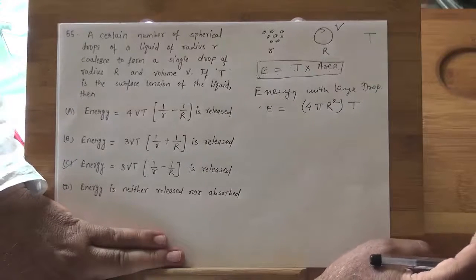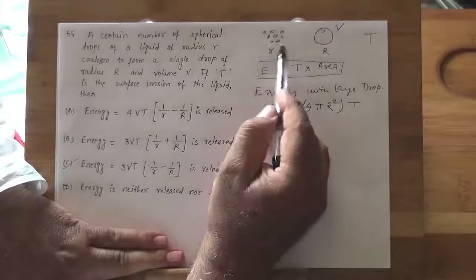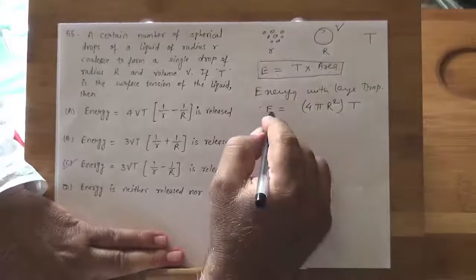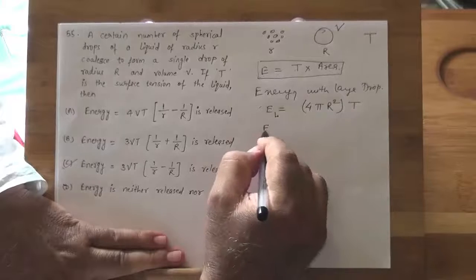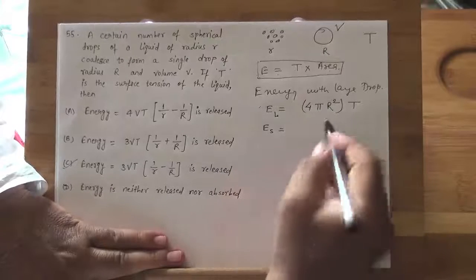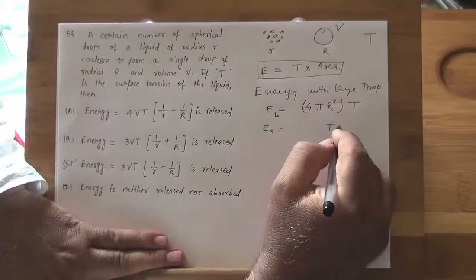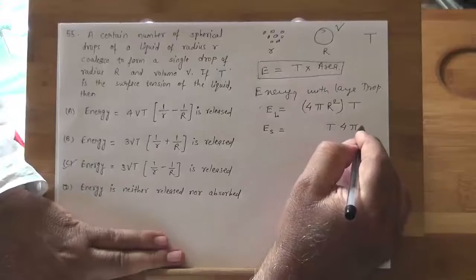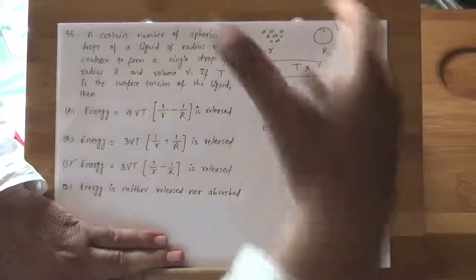Okay. Now, energy with this. Energy with large one. Energy with small. Energy with small is again T and 4 pi r square.